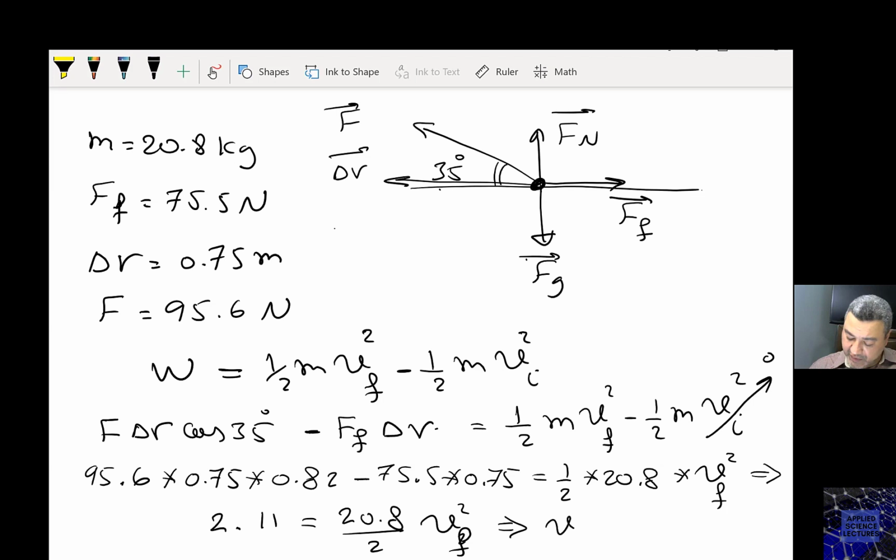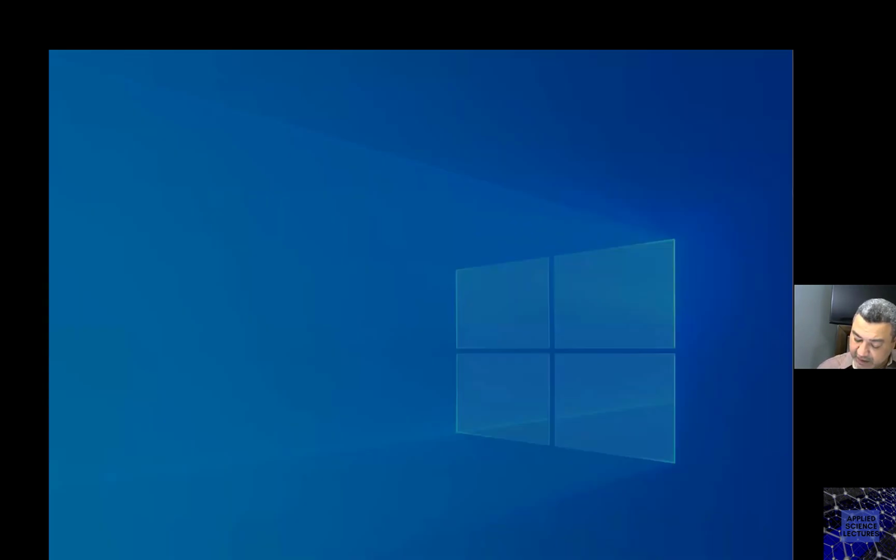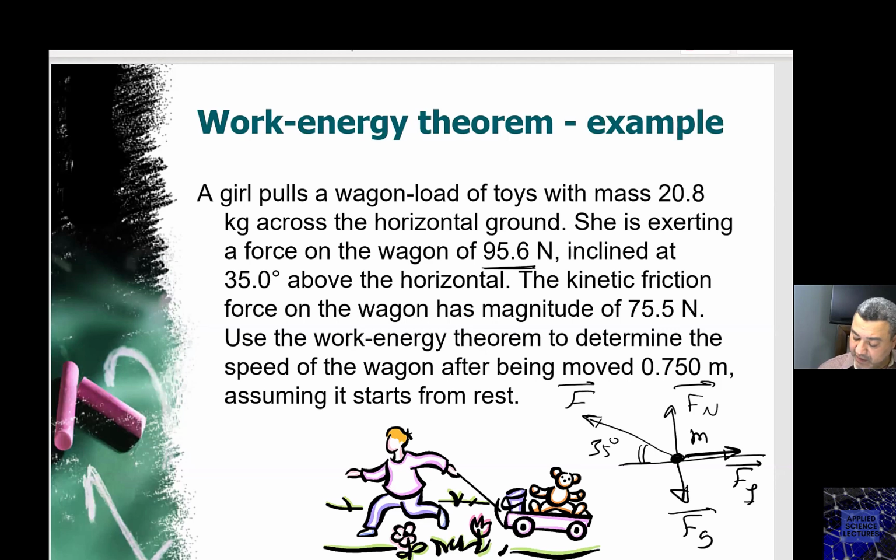Then Vf squared equals 2 times 11 divided by 20.8. Vf equals 2.45 meters per second. So this is the speed of the wagon after 0.75 meter.